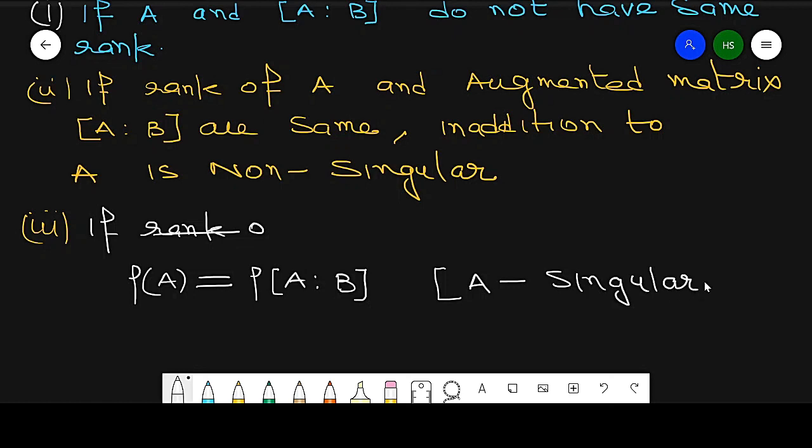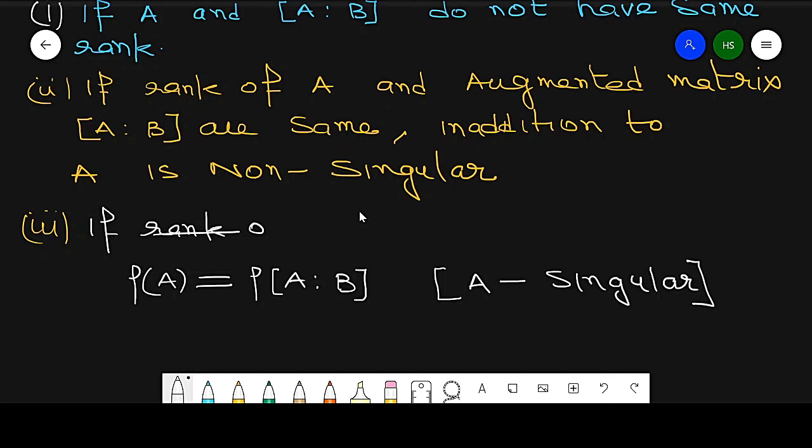The ranks are the same when the solutions are consistent. But if A is singular, then it has infinitely many solutions. If A is non-singular, then it has the unique solution.